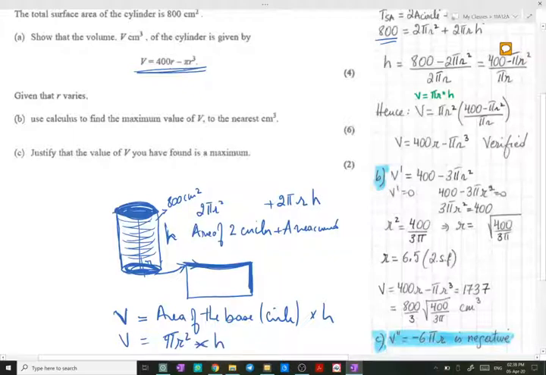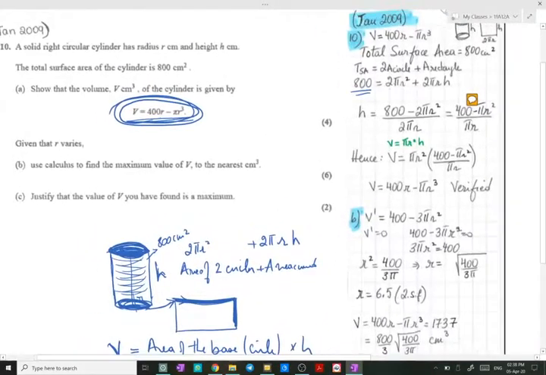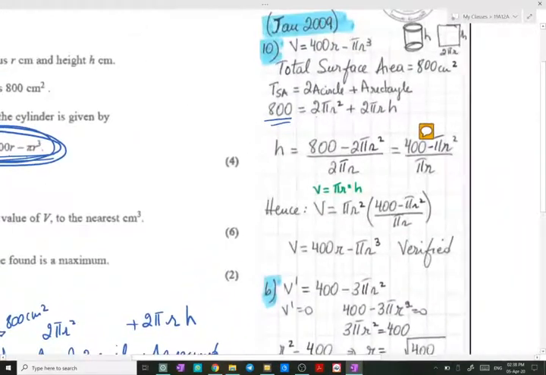Times h. But if you look at the formula they want us to reach and what we have here, it's different, because we have h in this formula and we don't have h in theirs. So we need to replace h. Since we already have the total surface area, we make h the subject and take everything to the other side.